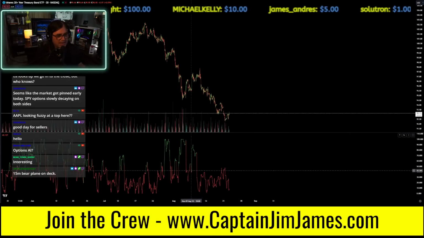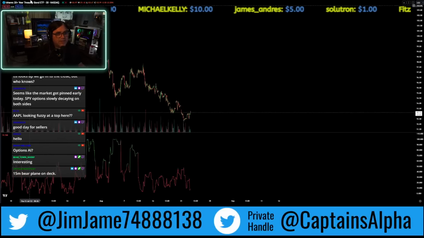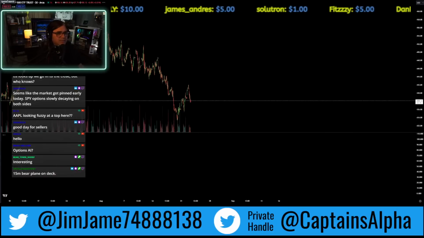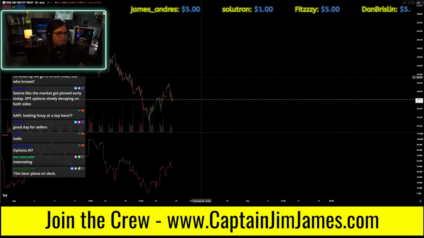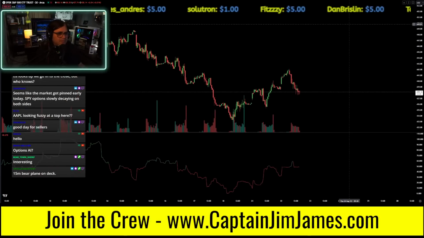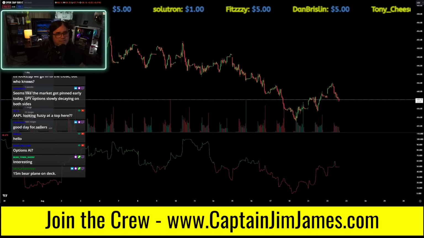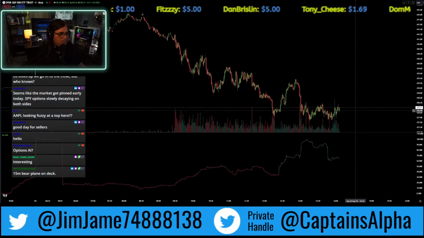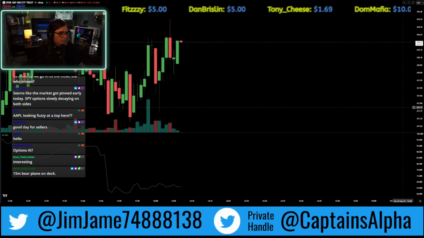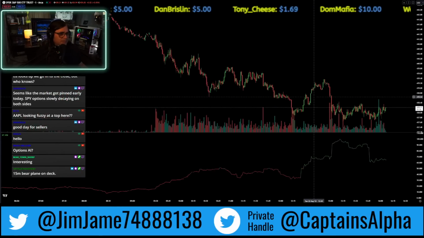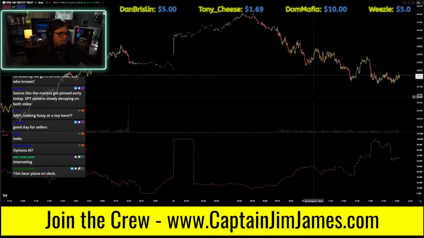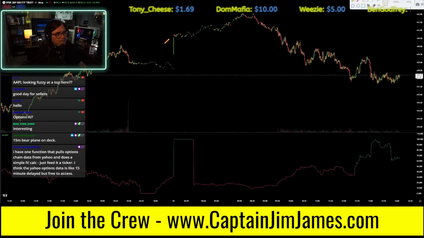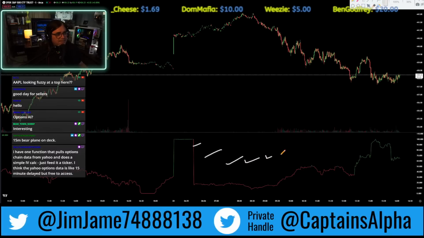And it's right here right now, right? This is a 30-minute chart. This is TLT. Let's look at SPY really quick. And you can see all this red here, right?